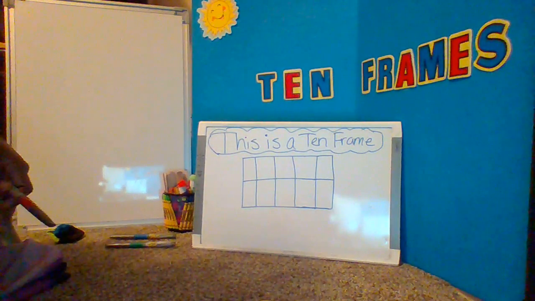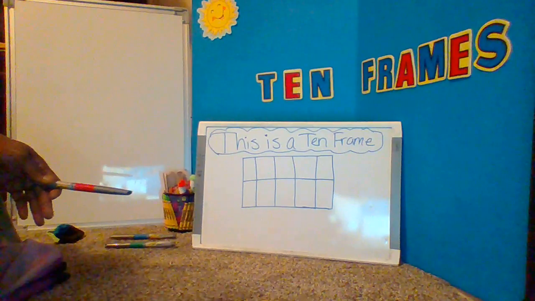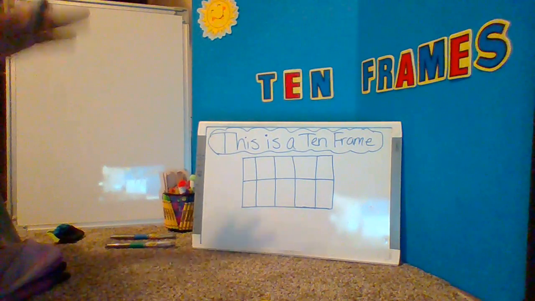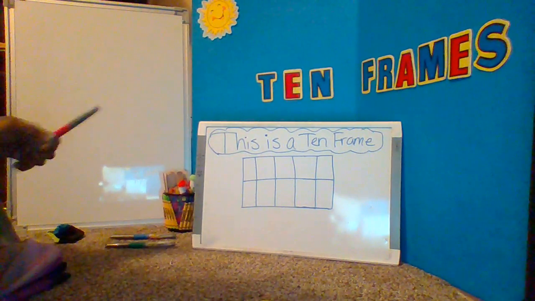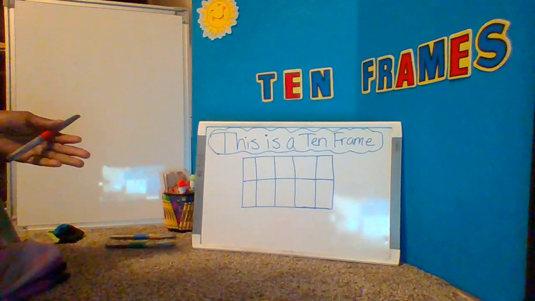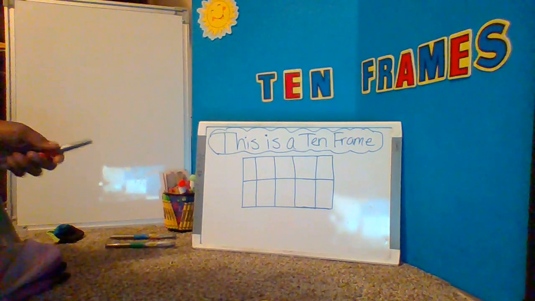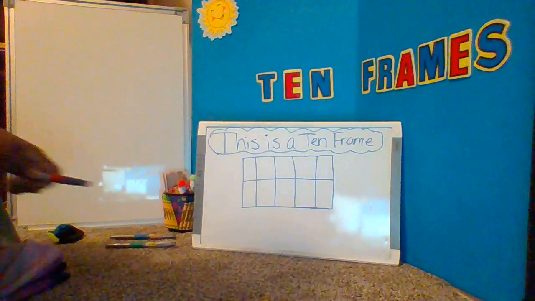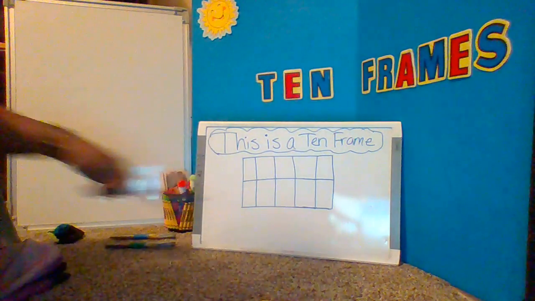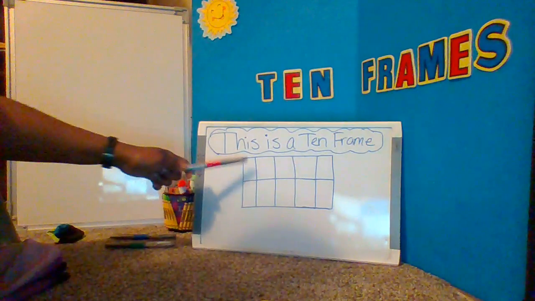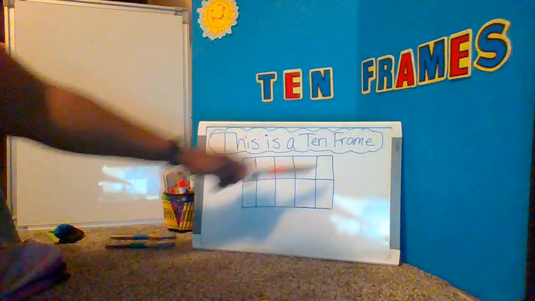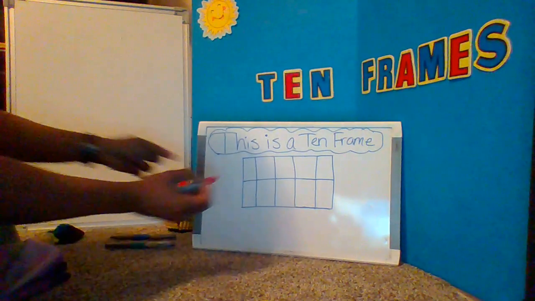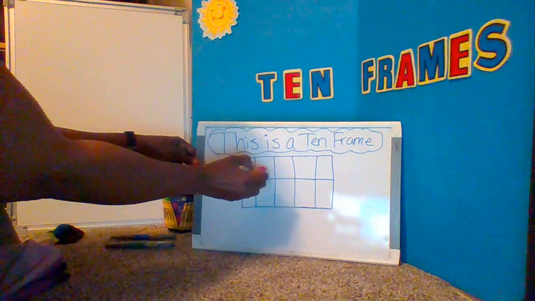Now this allows students to be able to see the anchor of 5 and 10. And what I mean by that, it helps the children with number sense. So we know that if this whole complete 10 frame is full, then without having to say 1, 2, 3, 4, 5, 6, 7, 8, 9, 10, if we fill it up, we automatically know that we then have 10.